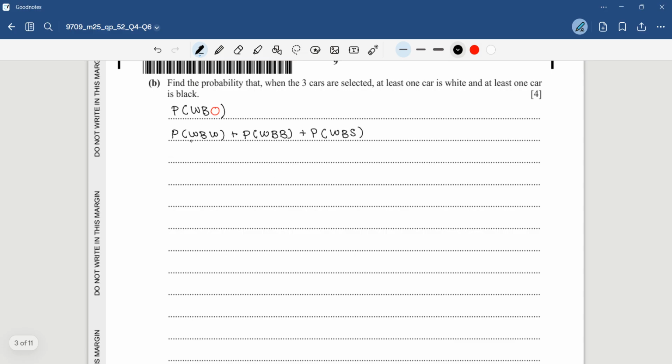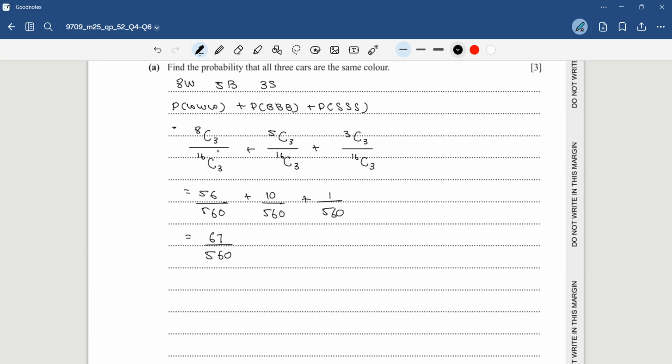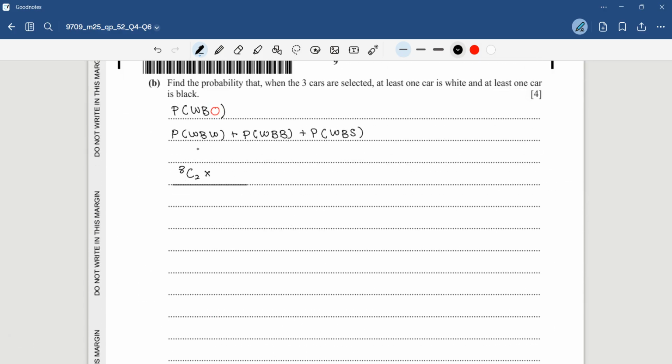Here I have 8 white and I choose 2, so 8C2, multiplied with the black, which is 5, so 5 choose 1, over 16C3. Or 8 white choose 1, and 5 black choose 2, over 16C3.